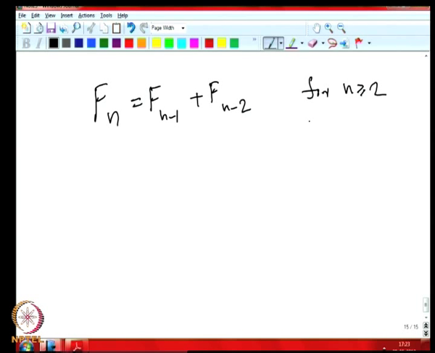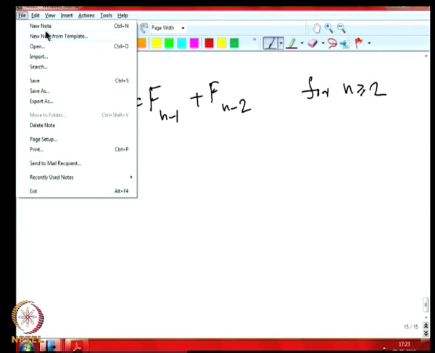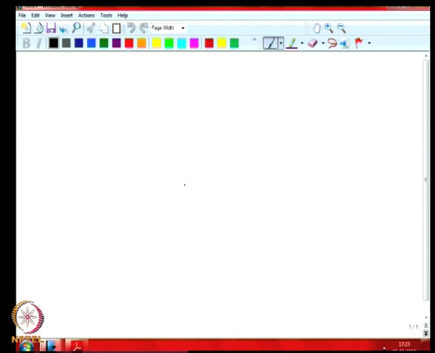We are assuming n greater than or equal to 2 as of now, right. So what do we do? We can rewrite it as f_n minus f_{n-1} minus f_{n-2} equal to 0.